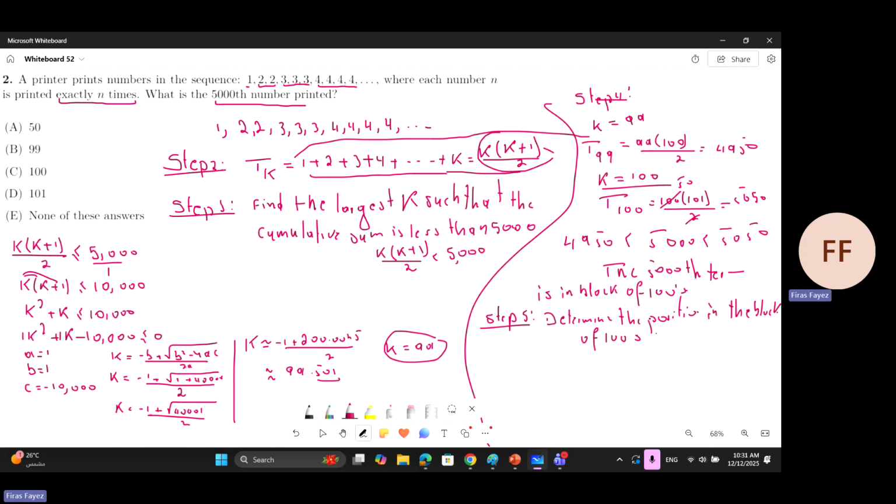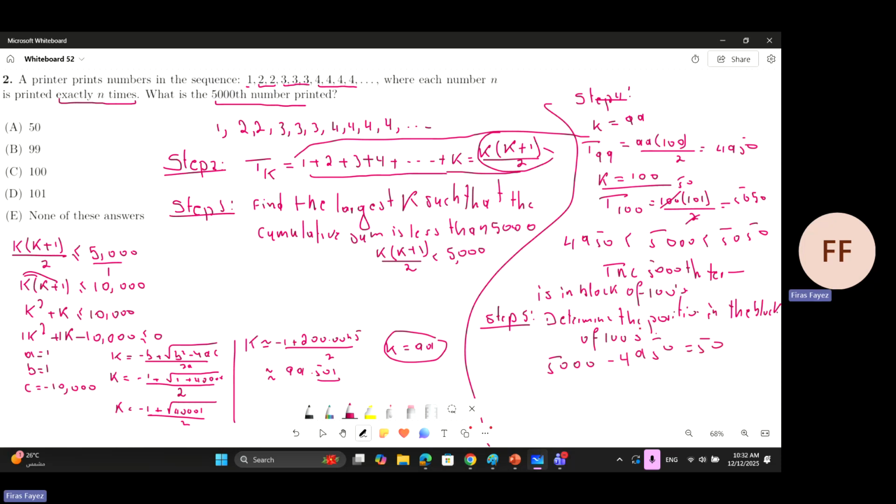Okay. So the number of terms needed in the block of hundreds is what? So this is 5,000 minus 4,950, equal to 50. Why?